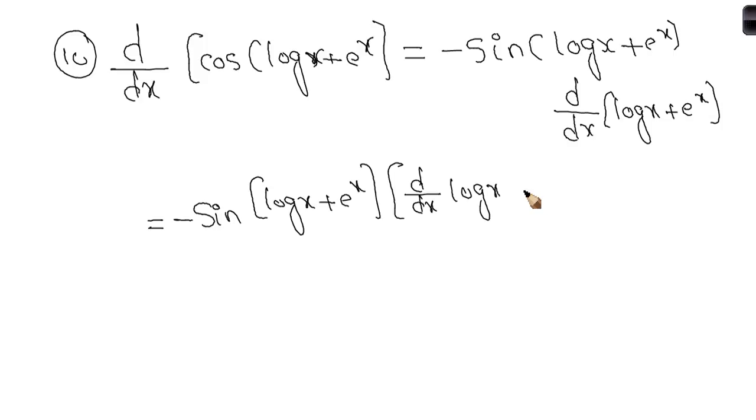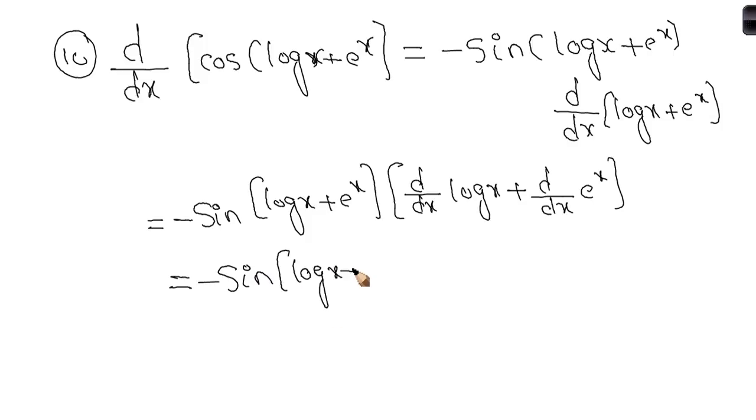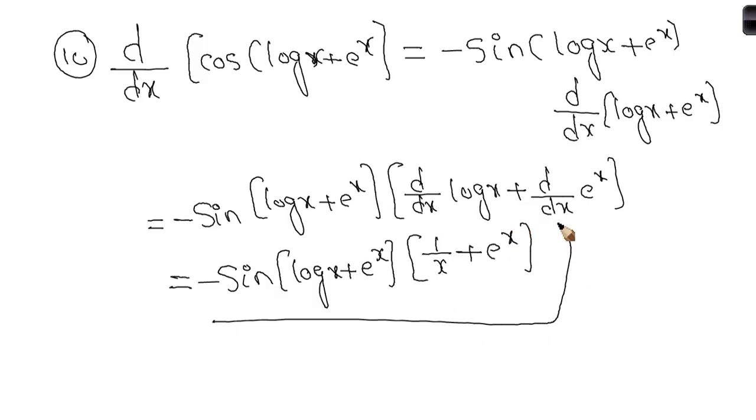The derivative of log x is 1 by x and the derivative of e power x is e power x. That would become minus sin of log x plus e power x into 1 by x plus e power x. This should be the derivative of this function.